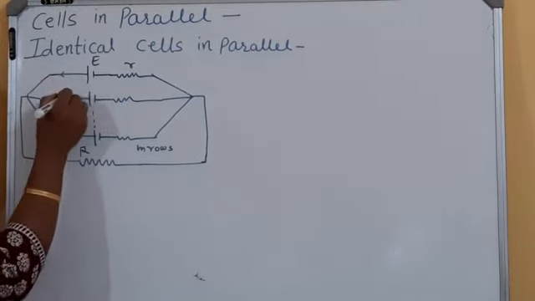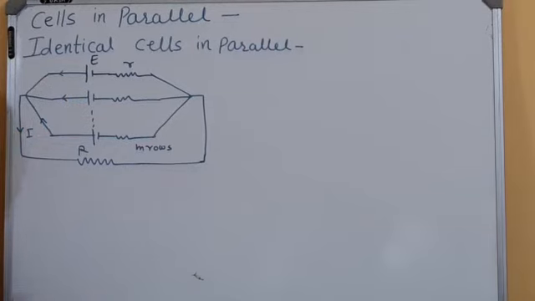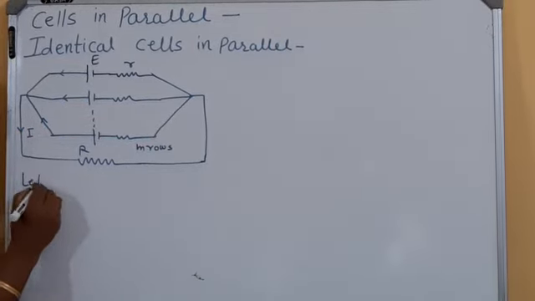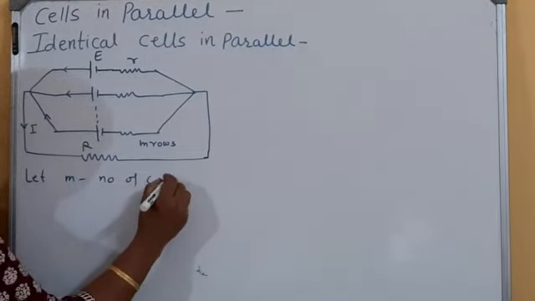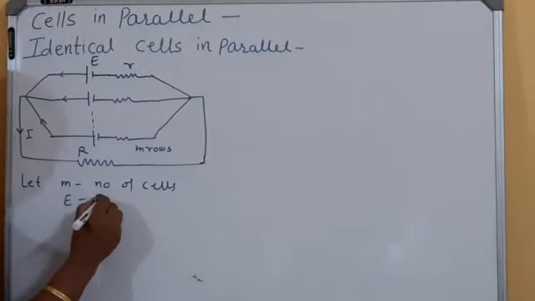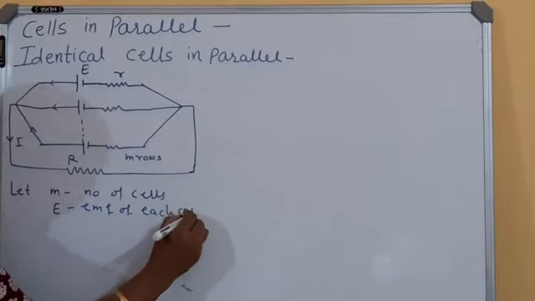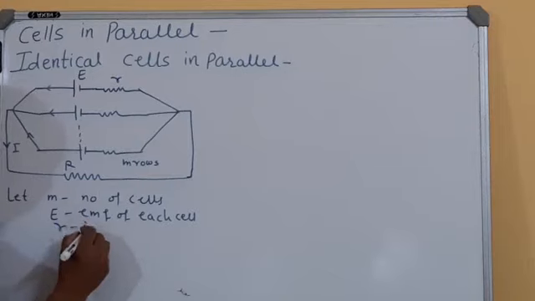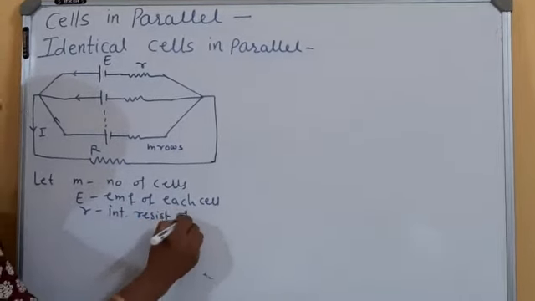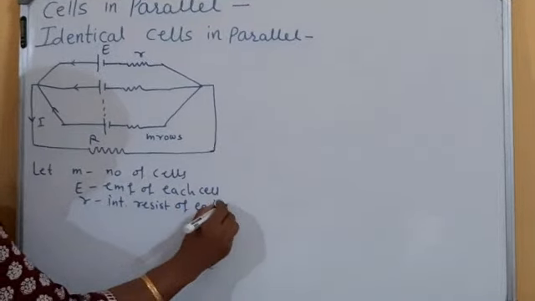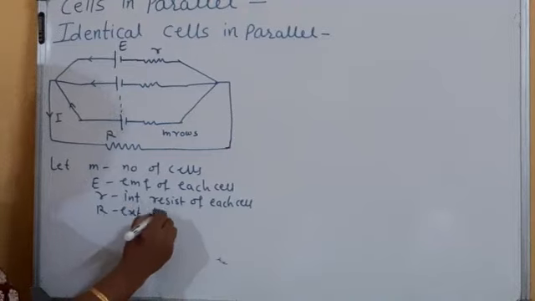So here the total current in the circuit is I. Now write, let m number of cells, E is the EMF of each cell, r is the internal resistance of each cell, capital R is the external resistance.